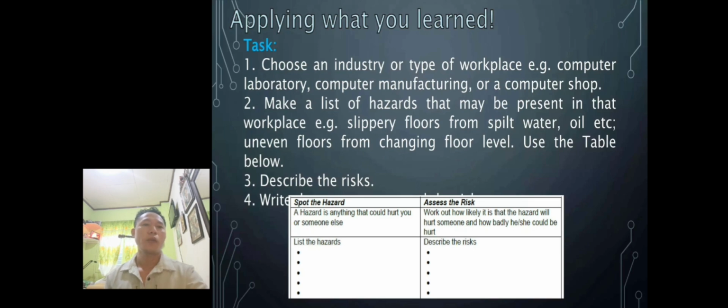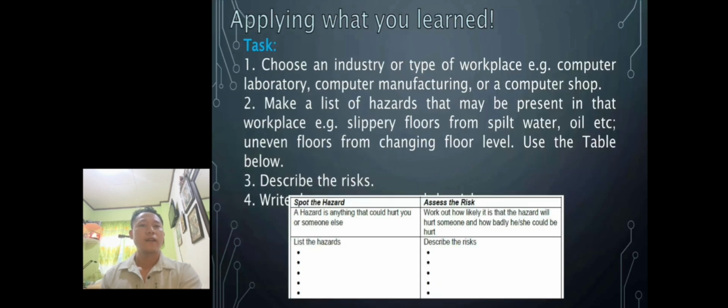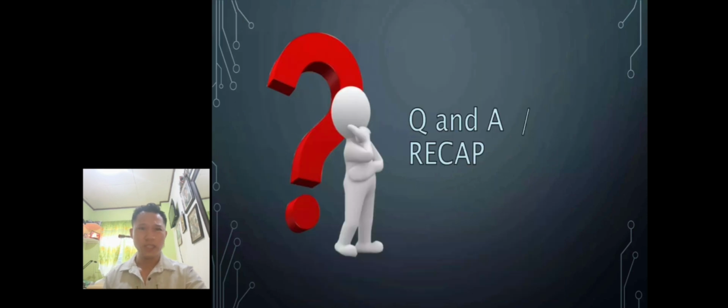So we're done with the lessons. Now we need to apply what you're learning. I will be posting this in the comment section, so you can retrieve that and write it on 1/2 crosswise.